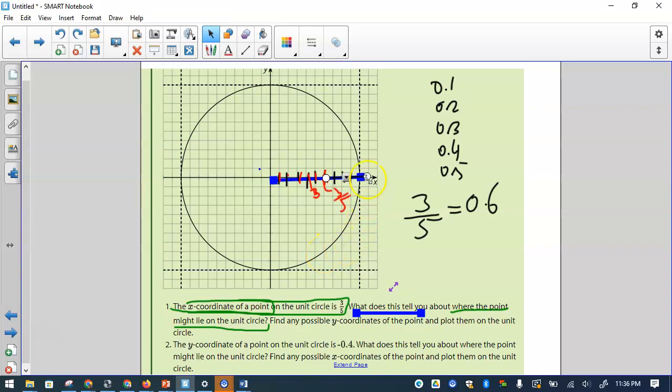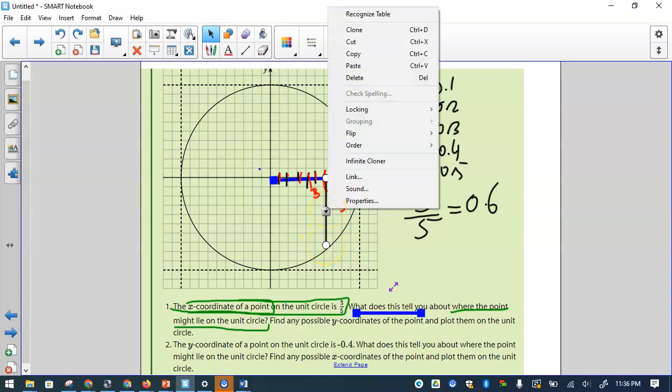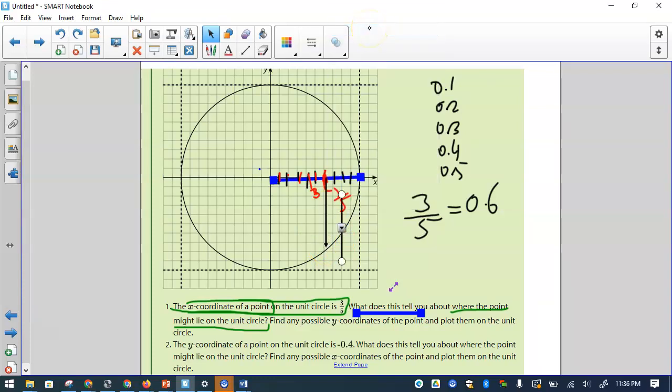So either first quadrant or fourth quadrant. So let me clone this. We get two more. So one is up here, and this coordinate will be here. So this will be 3/5. Okay, that is 3/5. So this point also is 3/5.